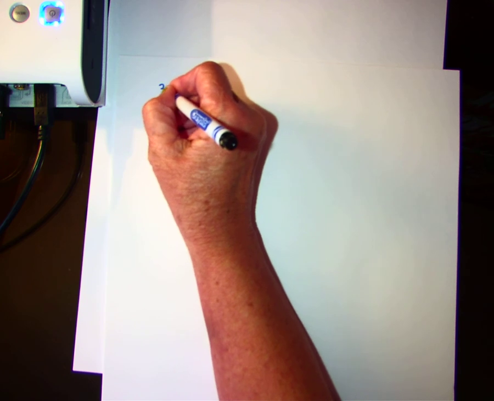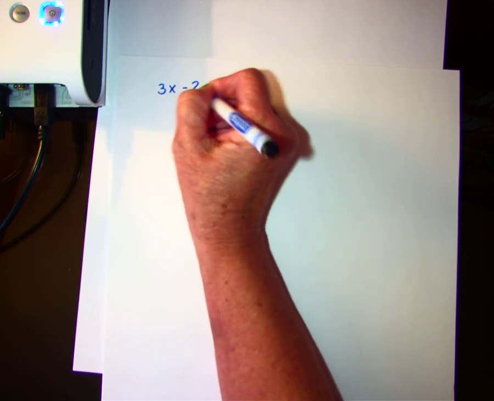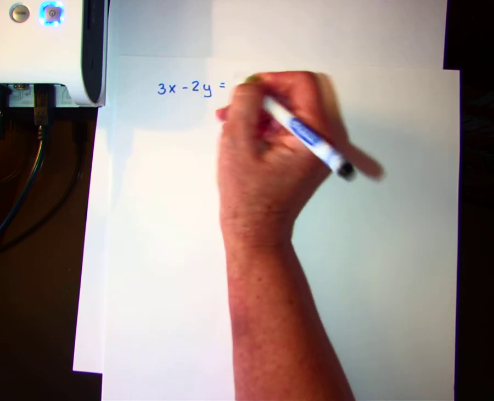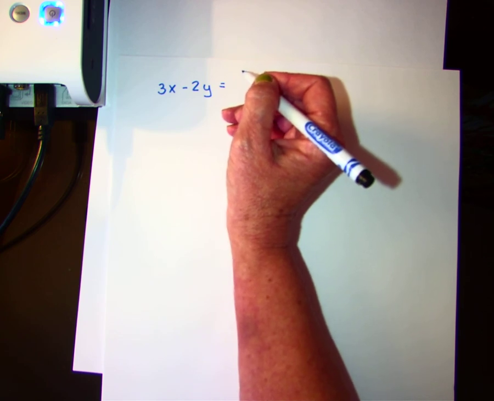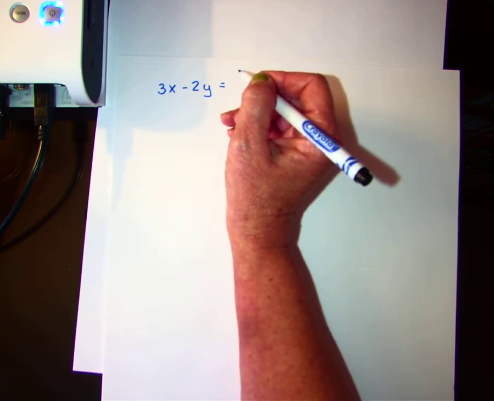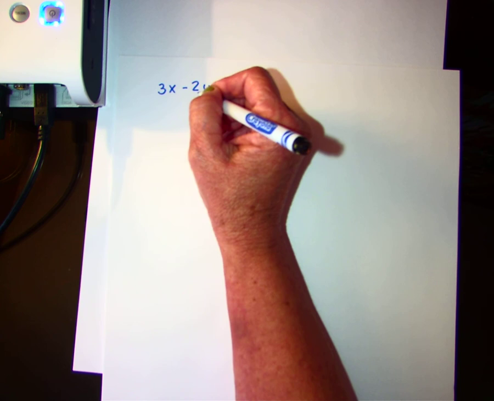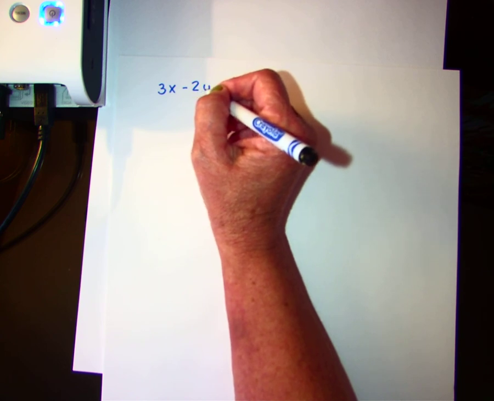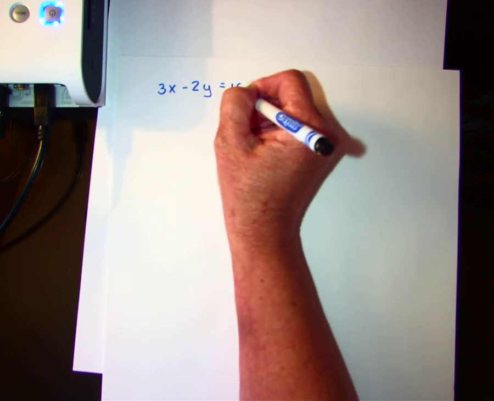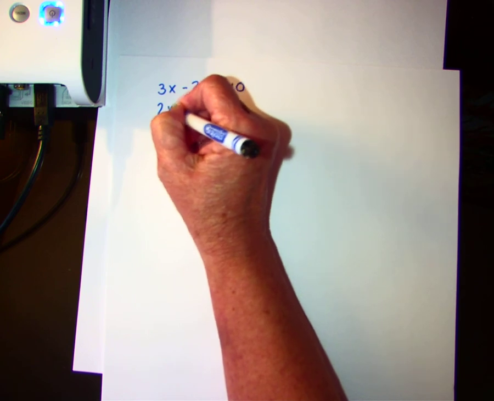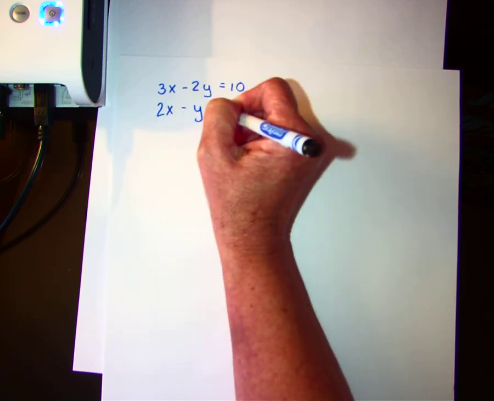Okay, now I'm going to take a different matrix, and this one is going to be, I'll take the problem 3x minus 2y equals 10, and 2x minus y equals 8.